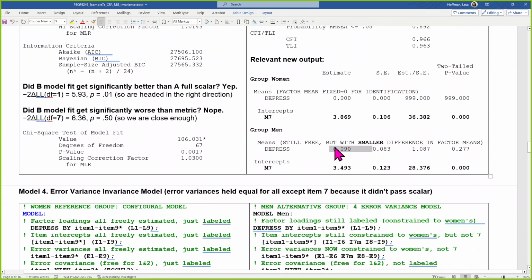So this factor mean difference, that's how you would interpret the factor mean in the alternative group because it's relative to 0, it's the difference. That factor mean difference does not take into account item 7. Item 7 is not part of what makes the factor mean different anymore. So it needs to change if you release one of the intercepts like this. So we can say that there appears to be slightly less depression in men, less so after factoring out these differences in intercepts for item 7.